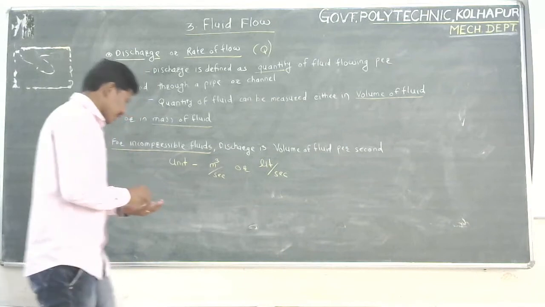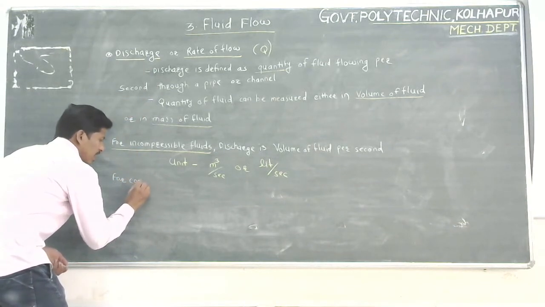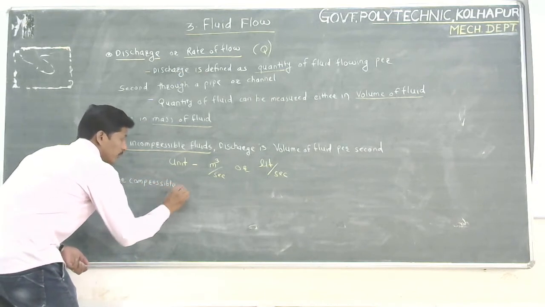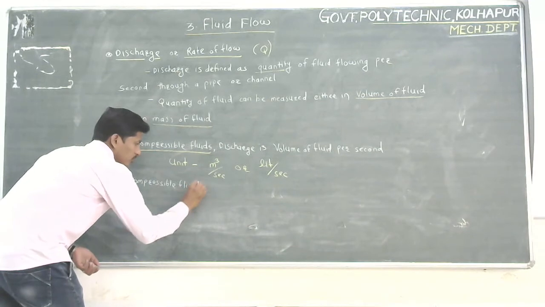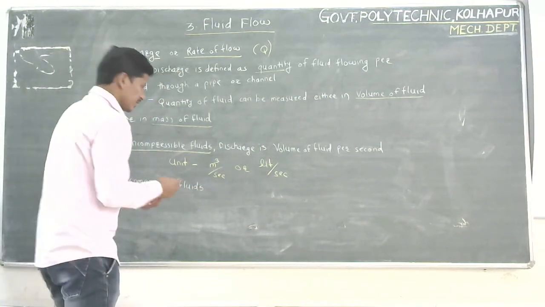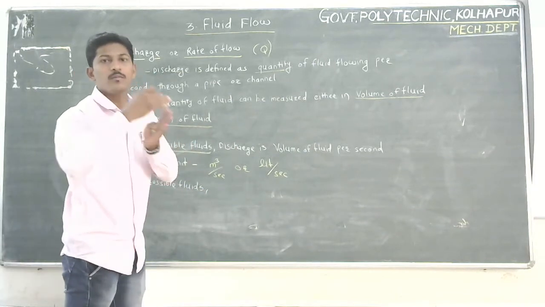Next we will see compressible fluids. Here density is not constant from point to point.